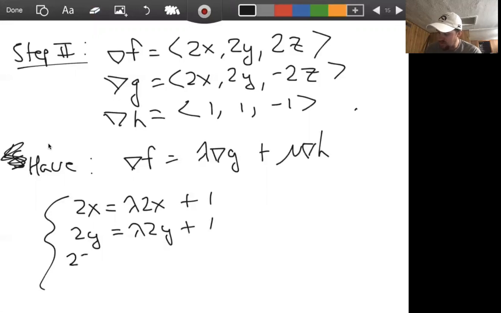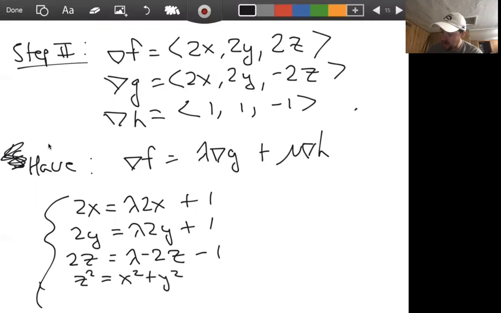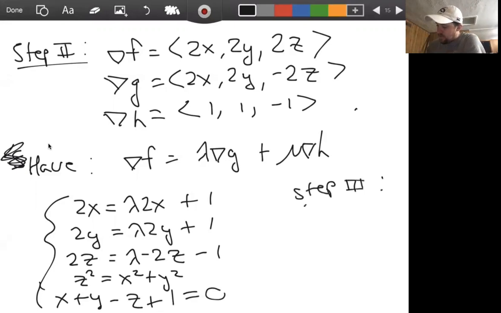We get 2z is going to be equal to lambda negative 2z minus 1. And then we also have our functions g and h. And those were z squared equals x squared plus y squared, and x plus y minus z plus 1 equals 0.